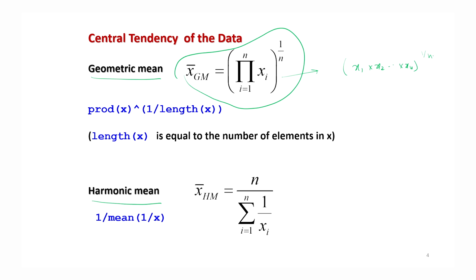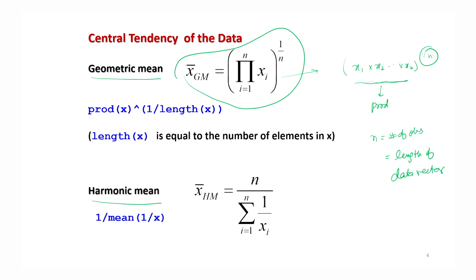If you look at this, it is the product of all the values. We know that this can be obtained by the built-in function prod, and this is here 1 upon n. What is n here? This is the total number of observations in the data vector, so essentially it is the length of the data vector.